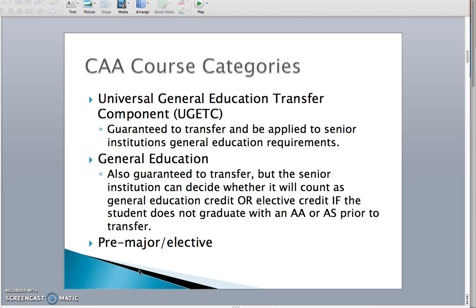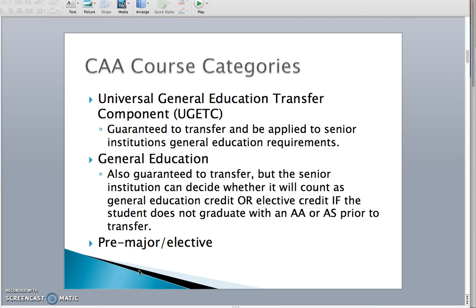These courses are guaranteed to transfer and be applied to senior institutions as general education requirements. Because in addition to in the past it being an issue of whether the course transferred at all, sometimes institutions would say, yes, we'll take this as a transfer course, but we're not going to apply it to your general education. And so in that case, you'd still pretty much have to end up taking it again. So this protects you as the most protective of any of the courses.